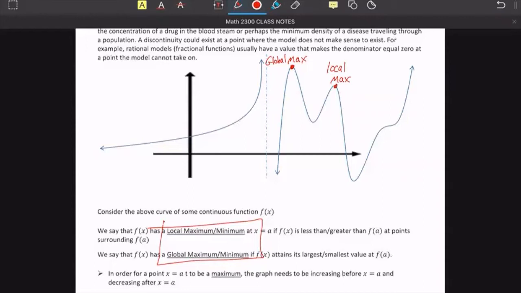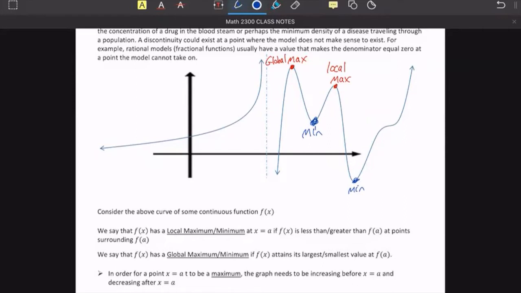The same thing applies with the mins. Let me just throw another color on there. The mins are just the same idea, just on the bottoms. So these are both mins, minimums. And then there's the concept of the smallest one, the one that's the farthest down, and then local mins.